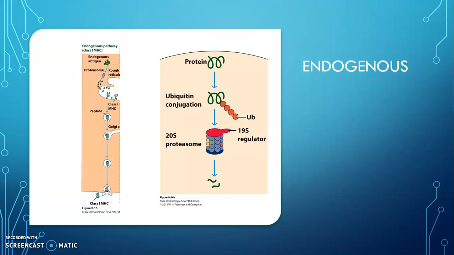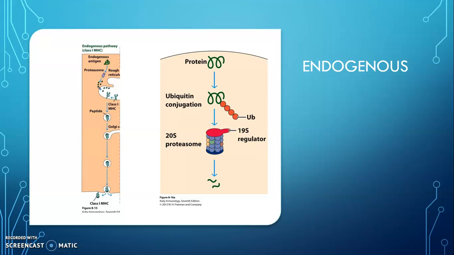So in this endogenous pathway, the antigen meets the proteasome and moves into the rough endoplasmic reticulum, and this is where if they bind properly to the MHC, the peptide will move out of the rough endoplasmic reticulum and move to the Golgi body and come out and be presented on the cell. These are presented with class 1 MHCs, so this is very important.